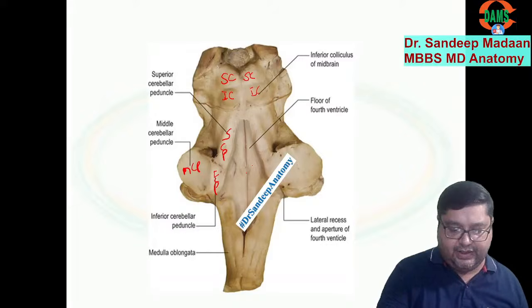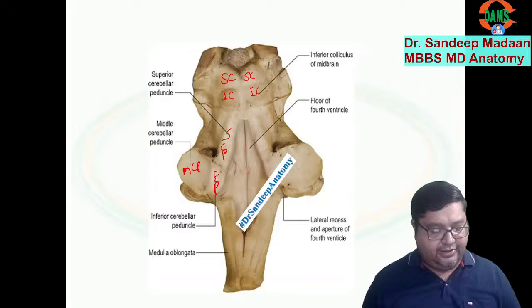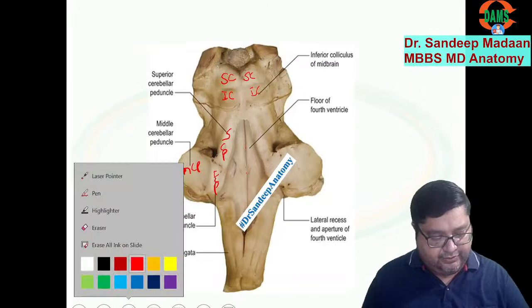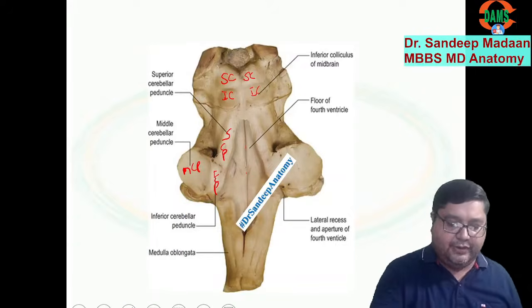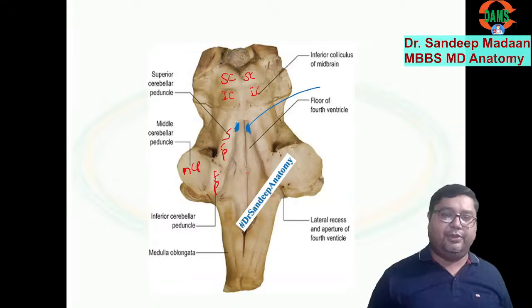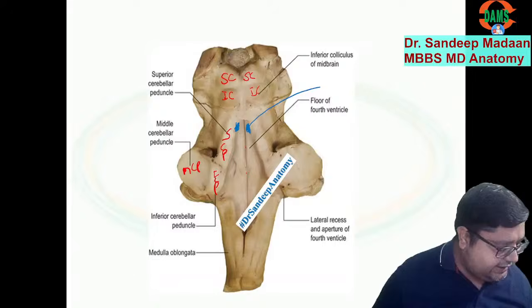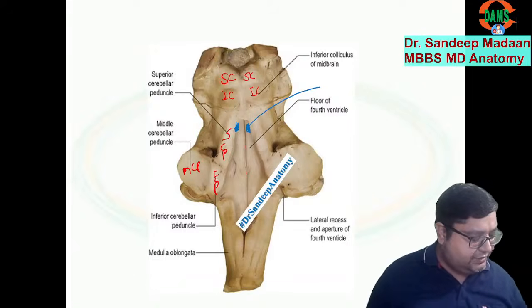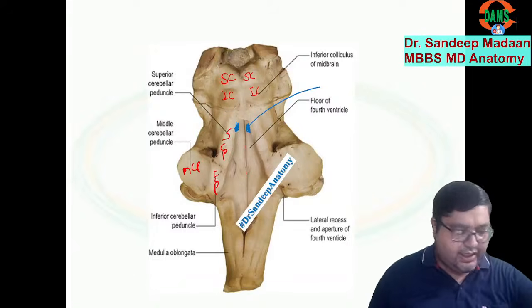Median sulcus is there. And if I add here, just for the sake of one theoretical question, some bluish green area in the upper part of the pons, can you make a guess what this area is?